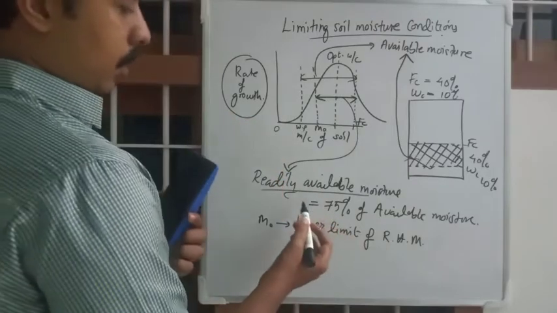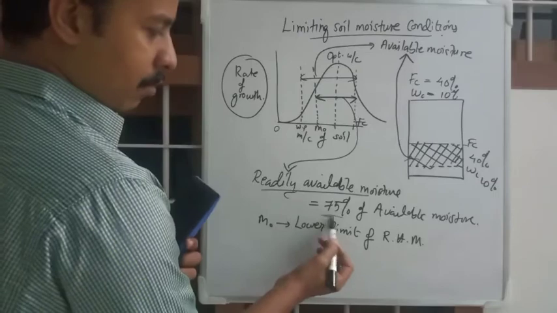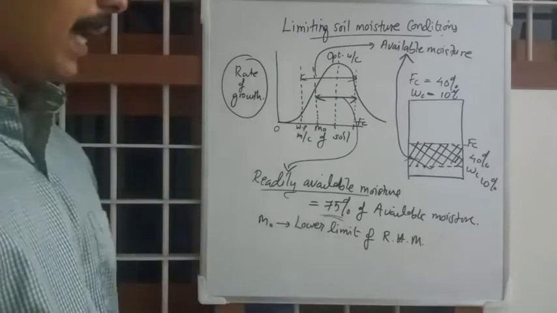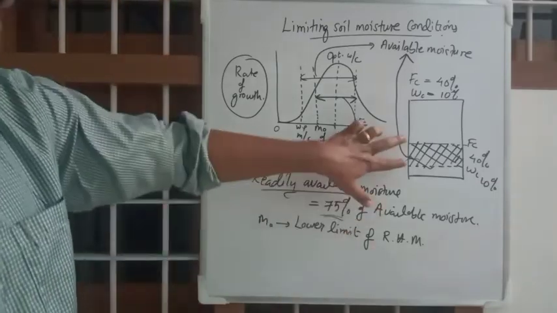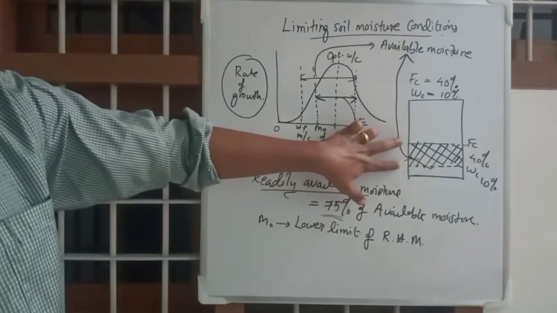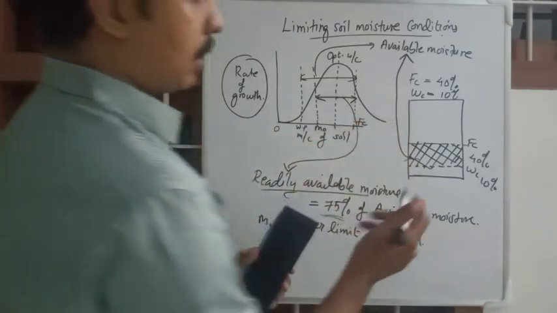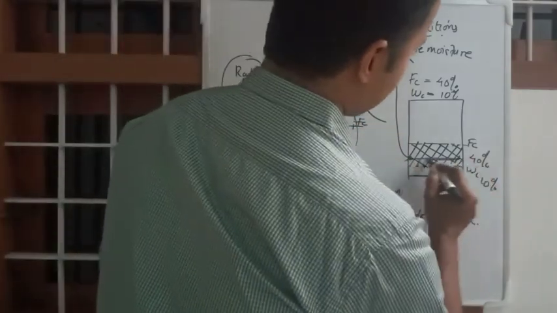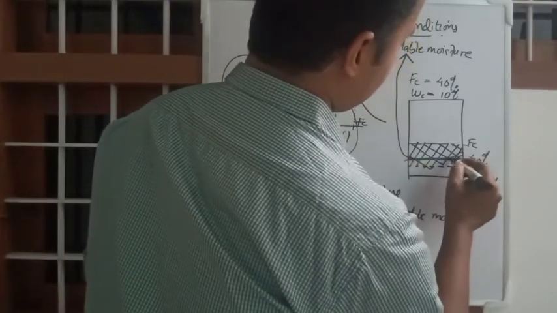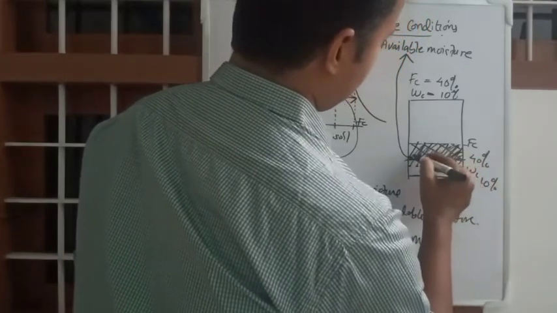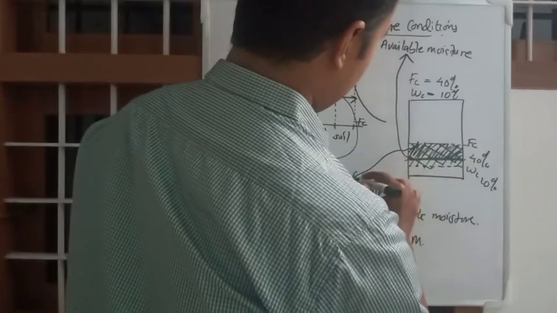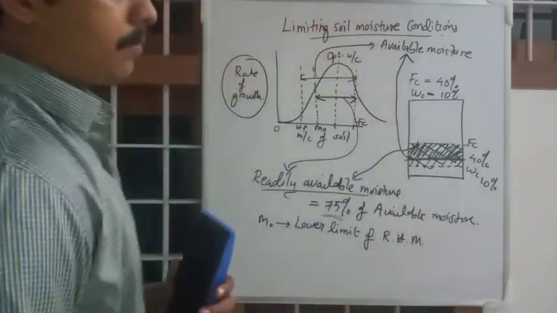Okay, so we consider readily available moisture for irrigation purposes, and that will be 75% of FC to WC. In this graph it will be something like this: 75%. This will be readily available moisture.